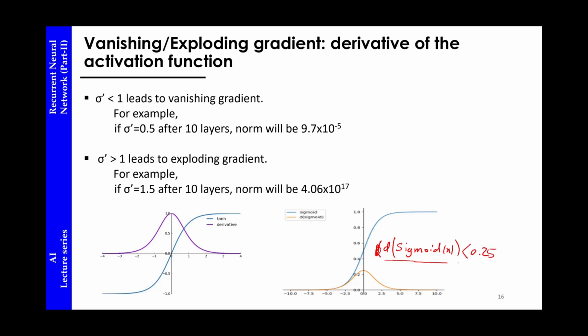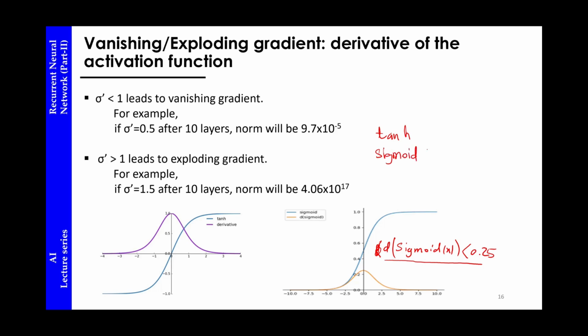It is possible with the sigmoid function to get vanishing gradients, but not exploding gradients, because the upper bound is 0.25.